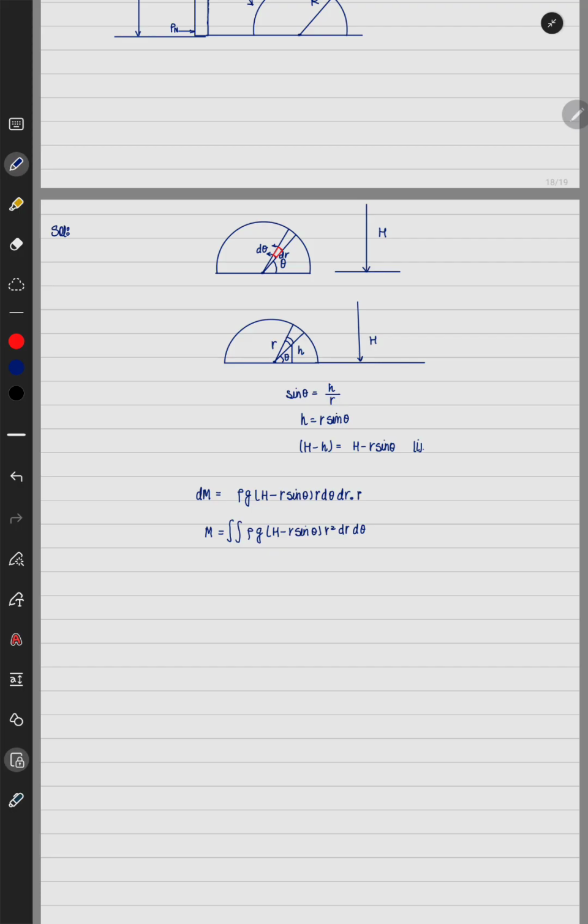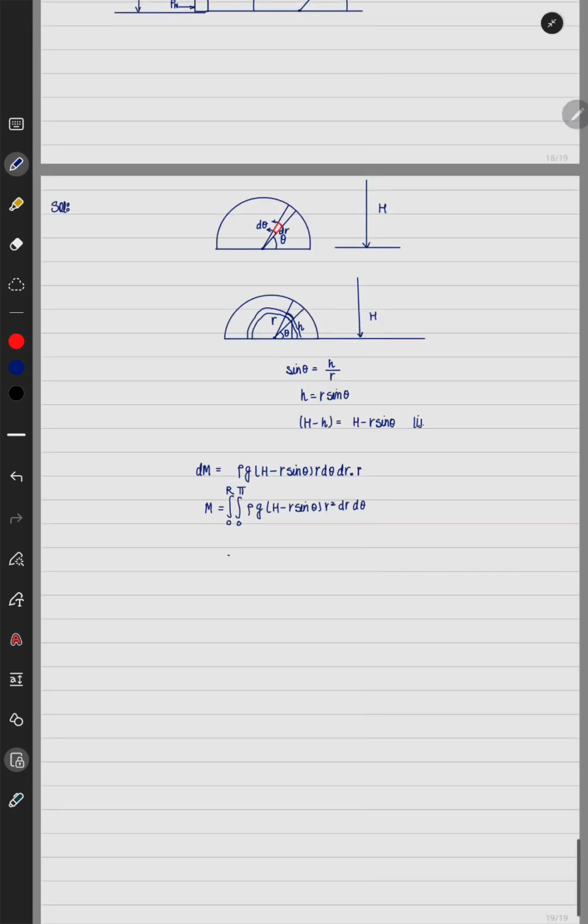Theta when integrated from 0 to pi will give me such a slice, something like this. So I will be able to find the torque acting due to this slice, and for r it will be integrated from 0 to r. So if I integrate all these elements from 0 to r, I will get the total amount of torque which is really acting.